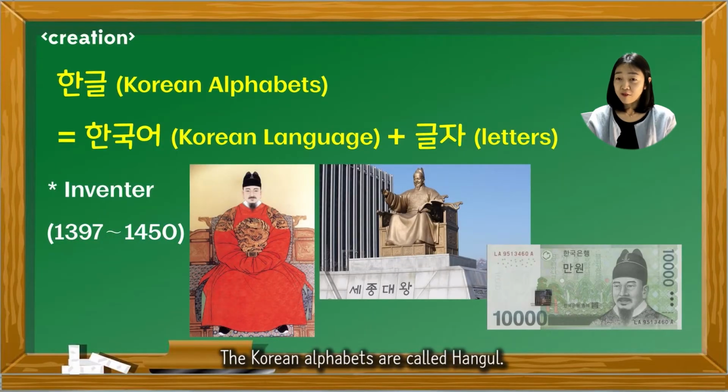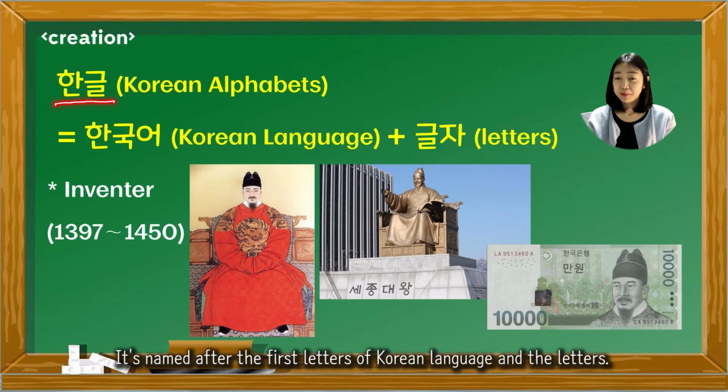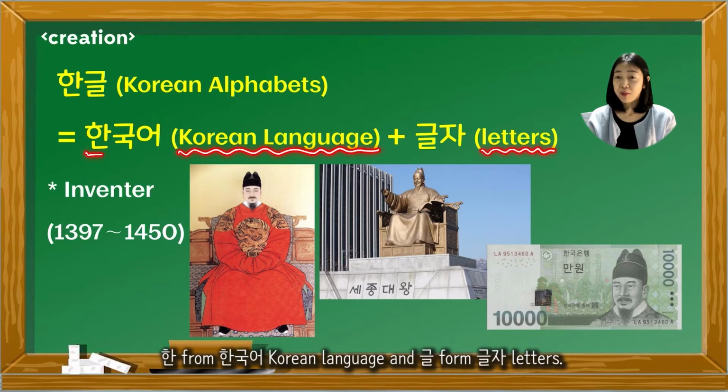The Korean alphabets are called Hangul. It's named after the first letters of Korean language and the letters. Han from 한국어, Korean language, and 글 from 글자, letters.